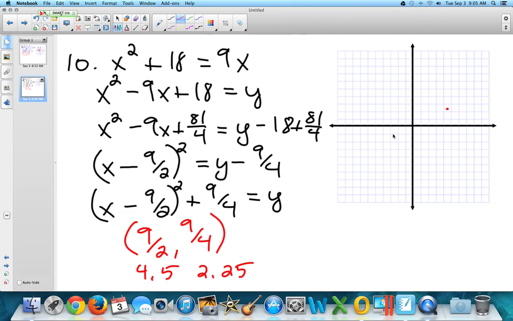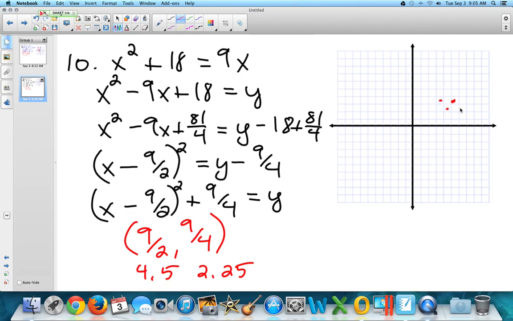I'm going to follow the same idea as I did before. I'm going to go over 1. So if I go over 1 from 4.5, I get to 5.5, and I'm going to go up 1. So I'm going to go to 3.25. So do the same thing over here.